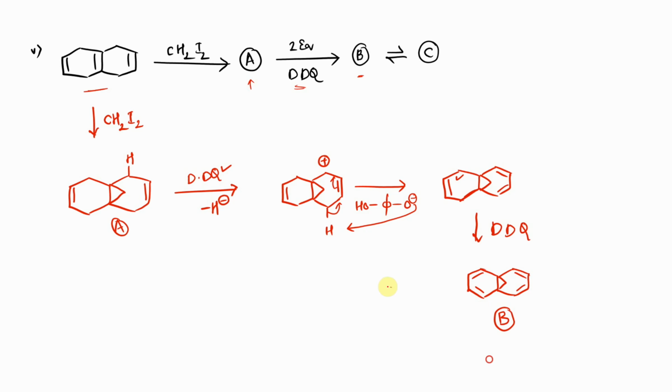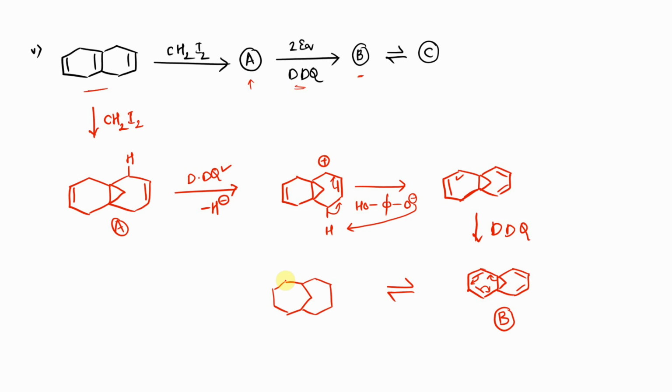Now, what is the resonance structure of this compound? For the resonance structure, the bond present over here undergoes migration. As a result, we get a bicyclic ring containing a 7-membered carbon ring along with a 6-carbon ring.